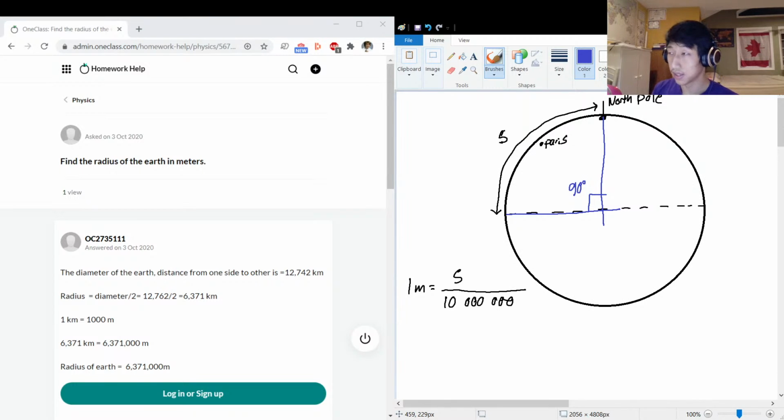We know that S is about 90 degrees, and we know that S is 1/4 of the circumference. And what's the circumference? Circumference is 2 times pi, I think.